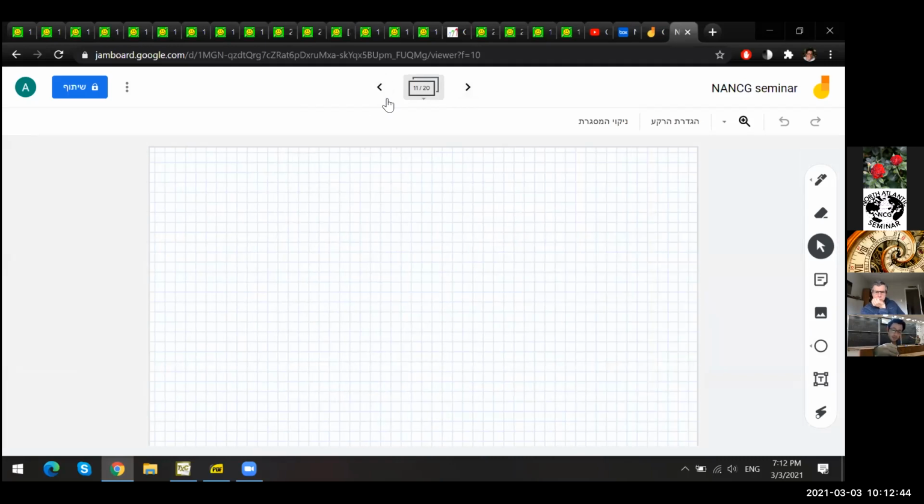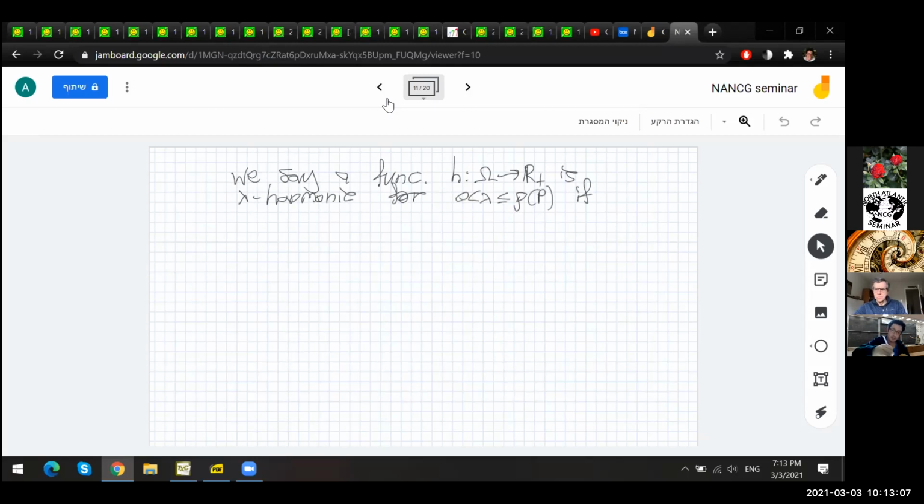And so we say a function h from omega to R plus is lambda harmonic for lambda greater than 0 and less than or equal to the spectral radius of P if lambda times h at i is equal to P of h at i, which is just the sum over j of P_ij h_j.